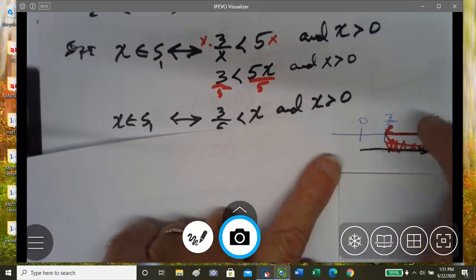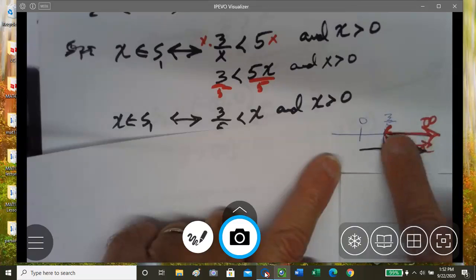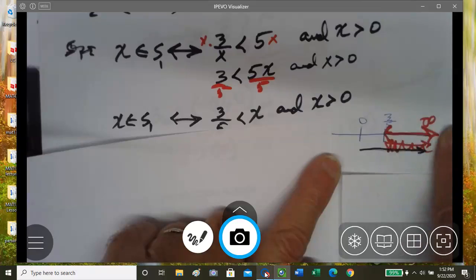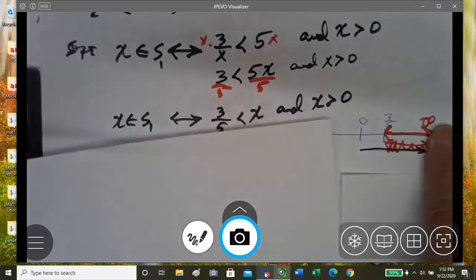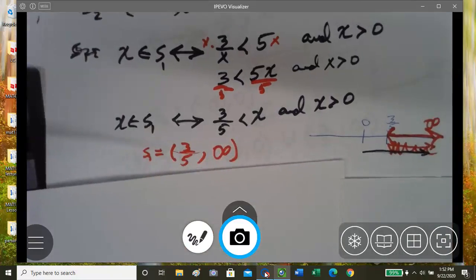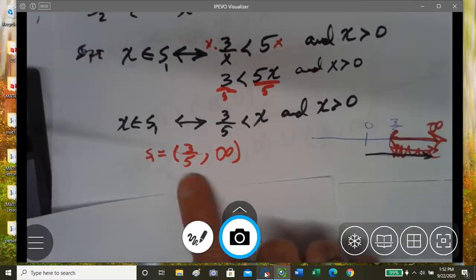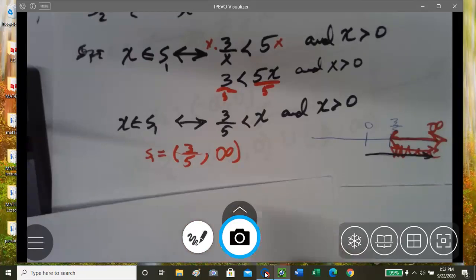And since x is greater than 3 over 5, you have that. So you look at where the overlap is, and it's going to be greater than 3 over 5. So that's our solution. Our solution for set S1 is 3 over 5 to infinity.